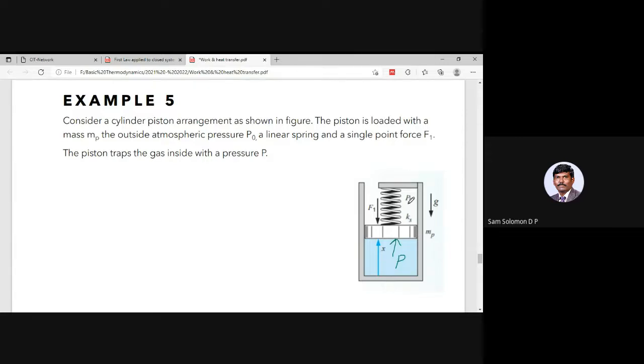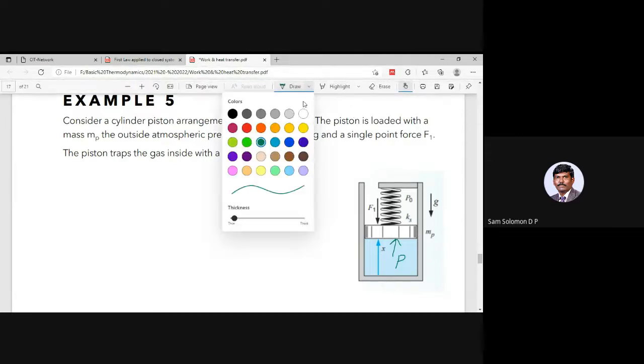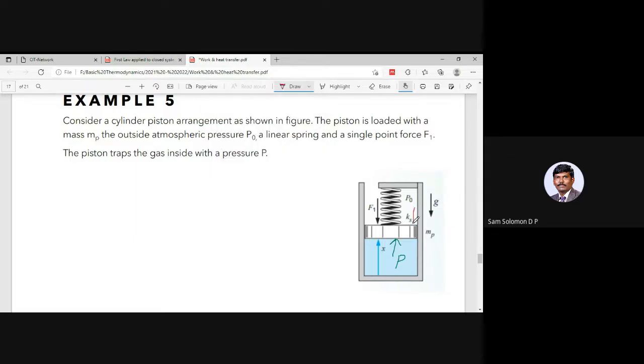And on the outside, you will see that there is one force which is because of this atmospheric pressure P naught.